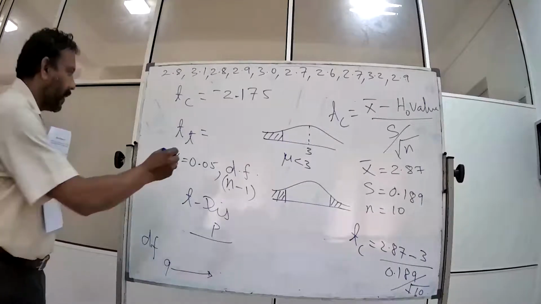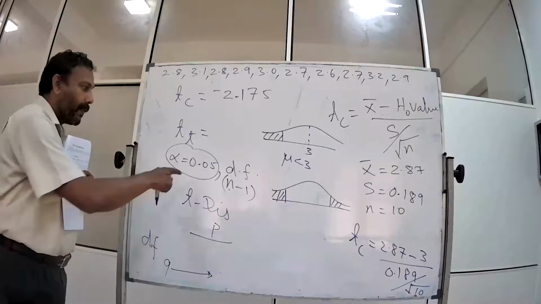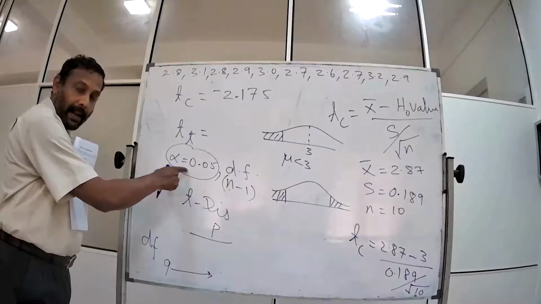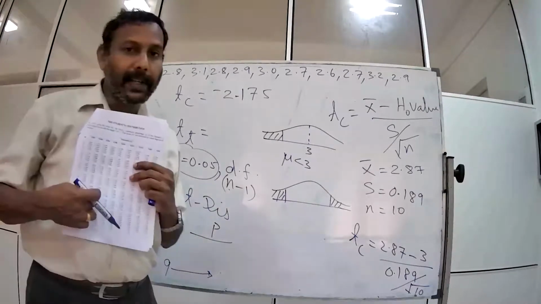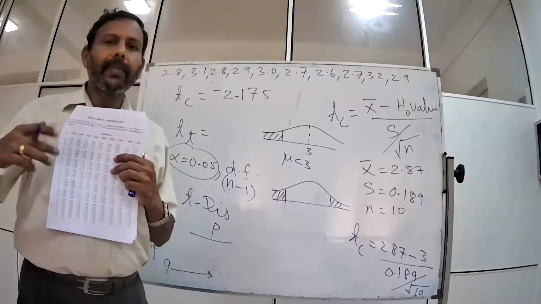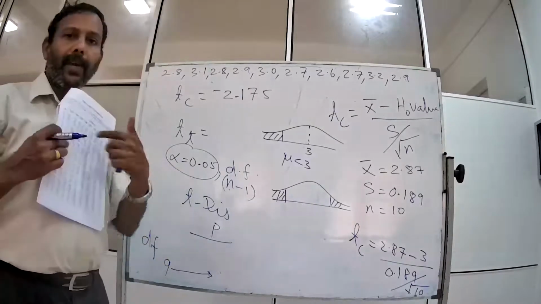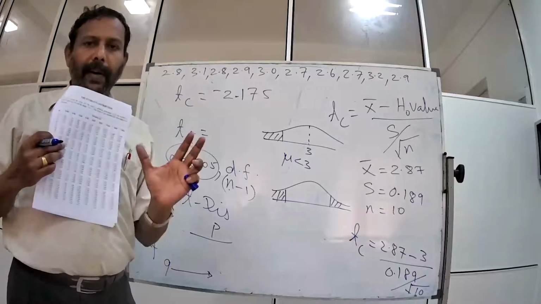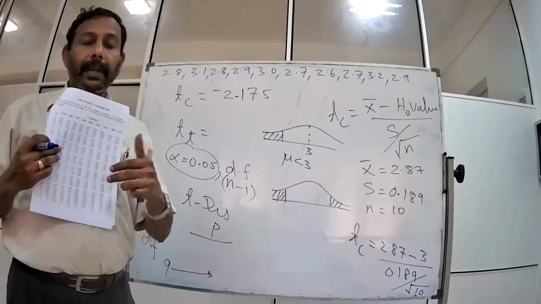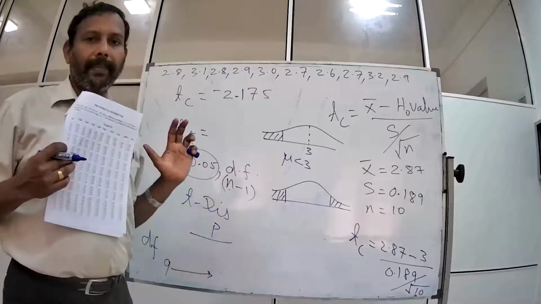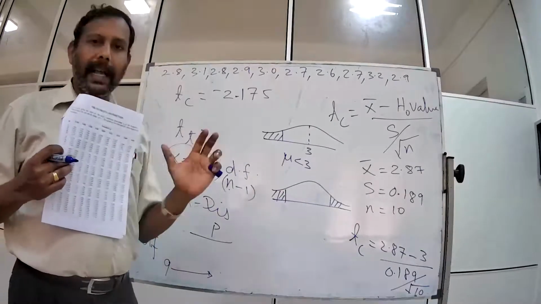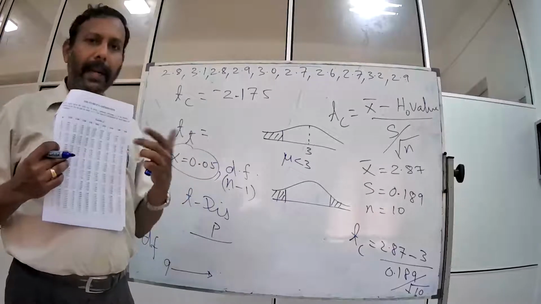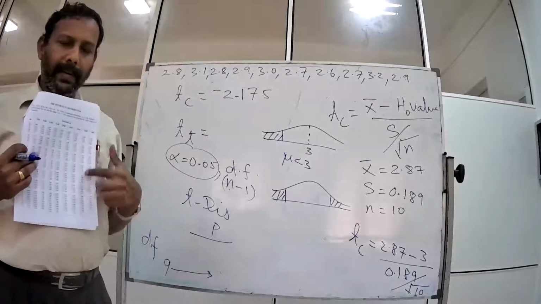That is just an adjustment to read the table, nothing to do with our alpha. So just look at the alpha, multiply by 2 and look at the table.